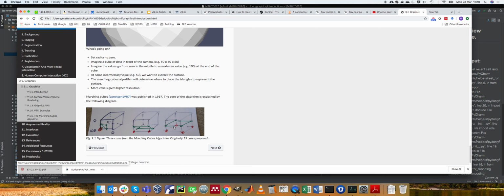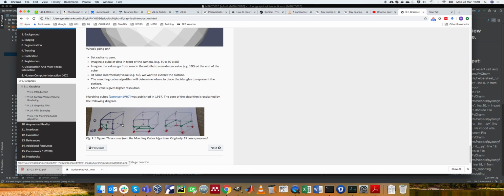Here's another one. So the 4 bottom ones are above the threshold, the 4 top ones are below the threshold, therefore the surface comes in the middle. So the marching cubes algorithm has a lookup table where you consider every single combination of above and below.